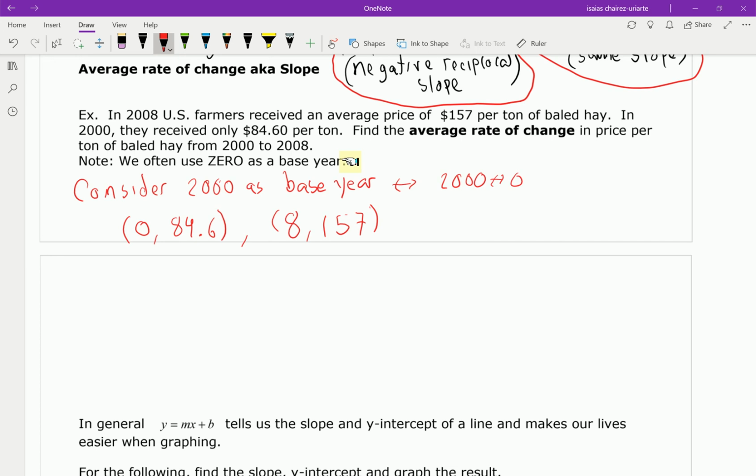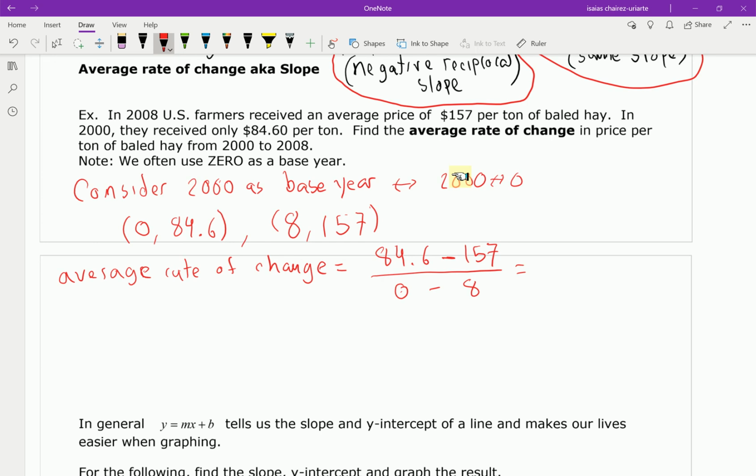So I'm going to say the average rate of change is going to be equal to 84.6 minus 157. So that's the difference in my y's. This y minus that y divided by this x minus that x. So divided by 0 minus 8.